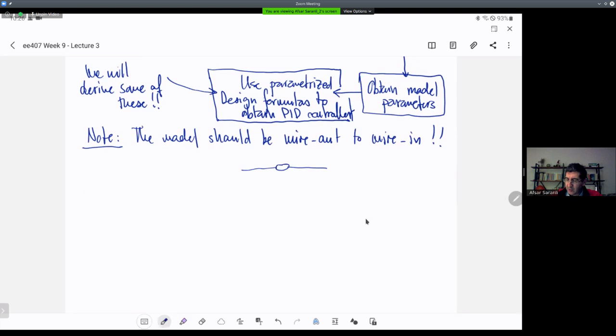Let's call this FOPDT, or first order plus dead time dynamic model.